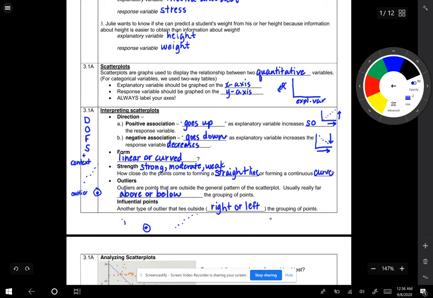You don't need to know too much about it right now. We'll do the math later when we're talking about influential points. Just know that it's a form of an outlier that's more side to side, whereas a general outlier is just far above or below the grouping of all the other points.